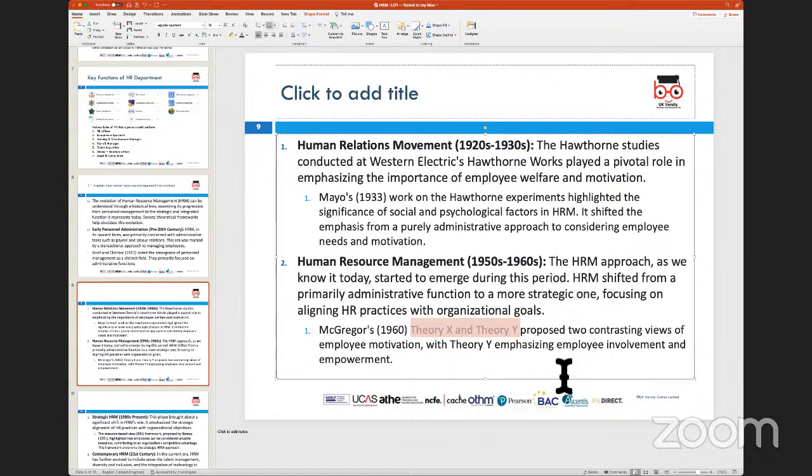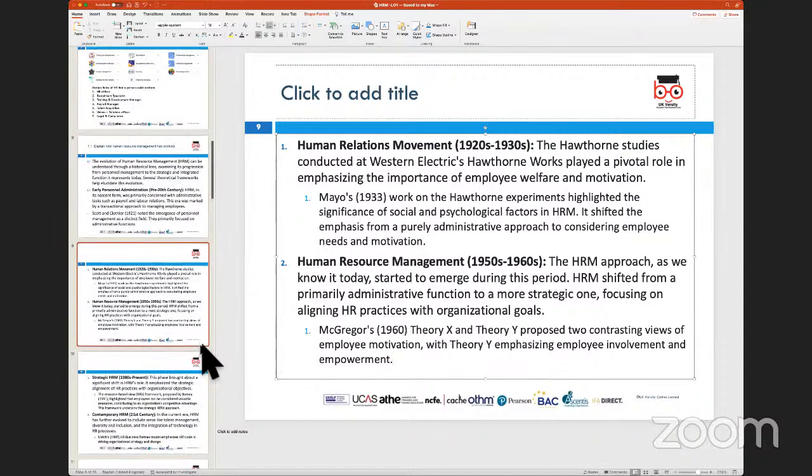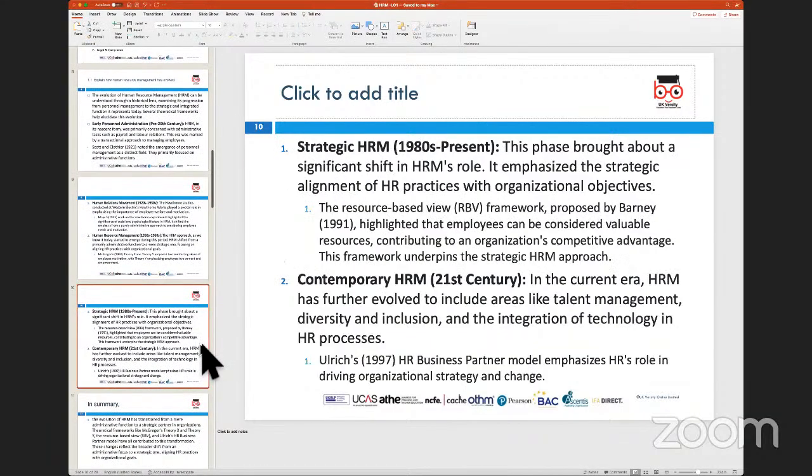This theory clearly emphasized the importance of considering employees, their attitudes, their welfare, and their needs in the workplace, which allows the organization finally to achieve its objectives.